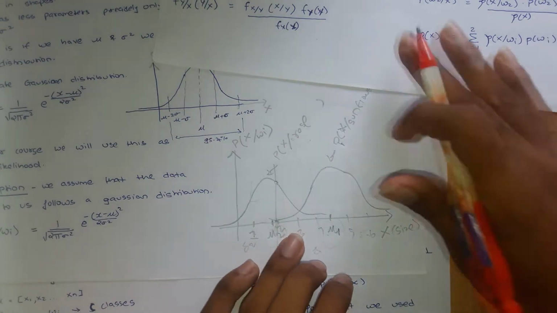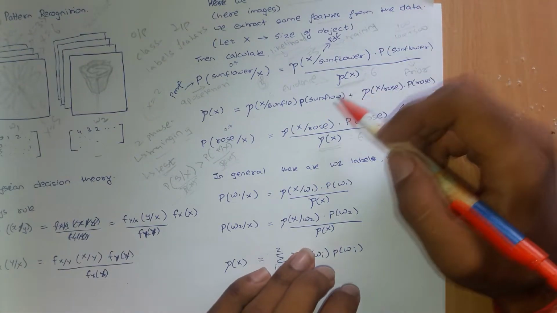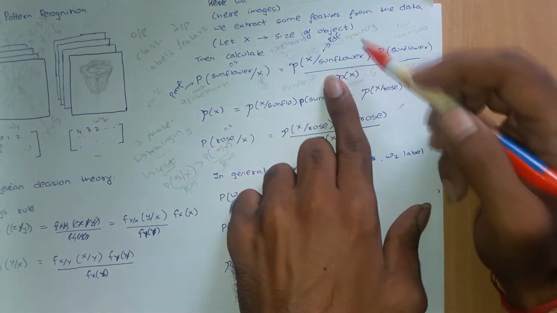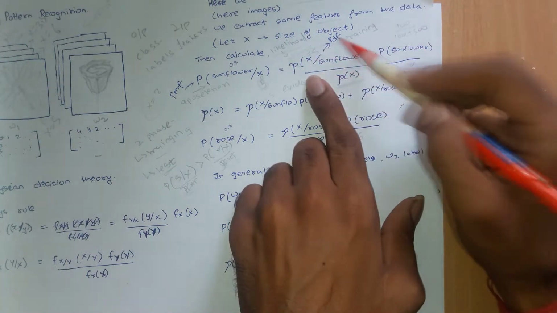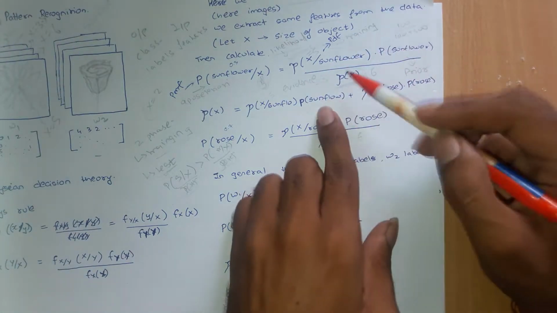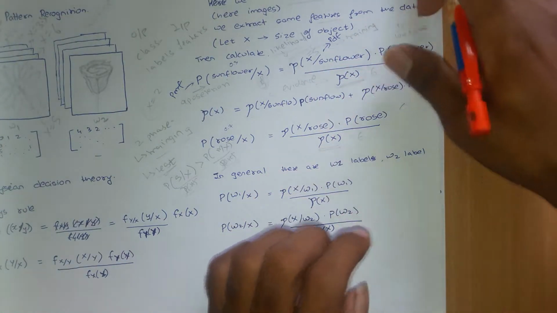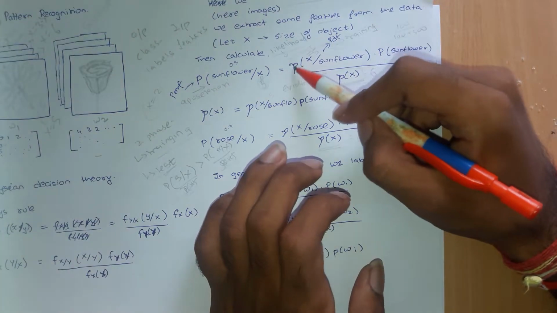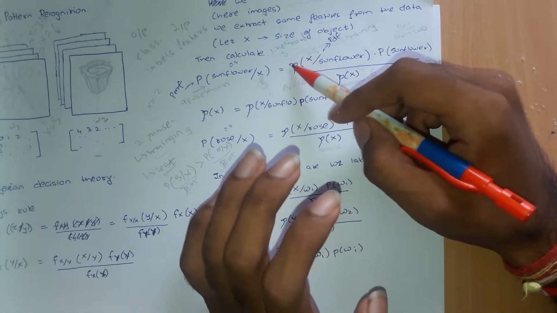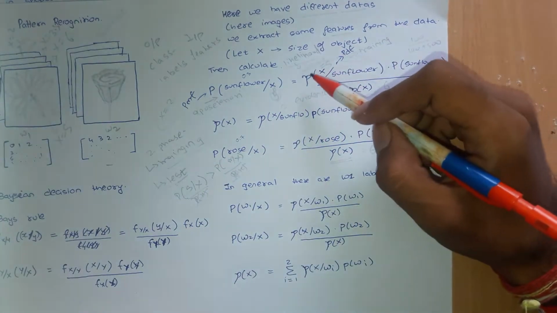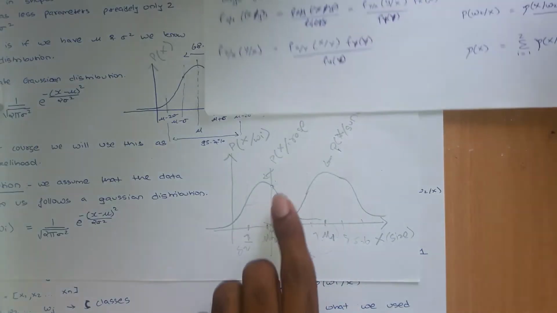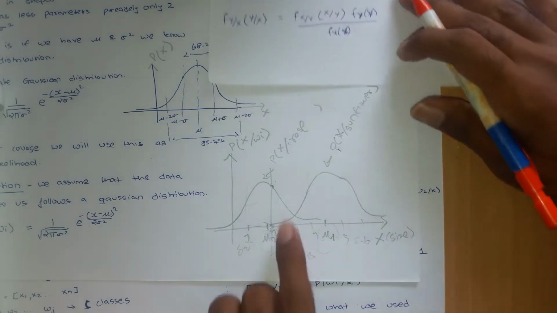But here, since we are using not only the likelihood but also the prior and the evidence, we don't consider it as 0; we take the function as it is where it is.